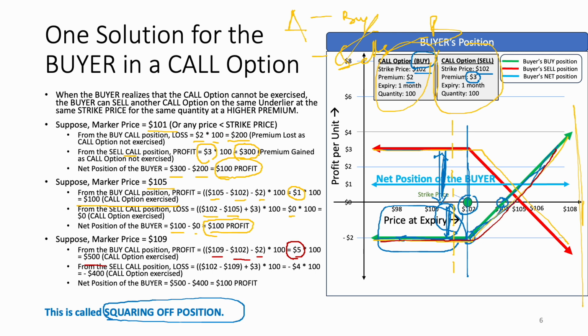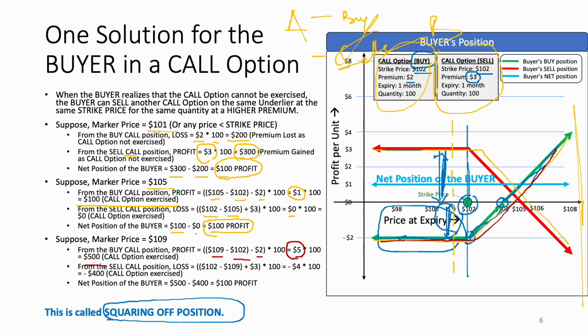Now, since the market price is greater than the strike price, B, who has purchased the call option from A, will also exercise his call option. When B exercises the call option, he will also make a profit. When he makes a profit, A being the seller will make a loss.